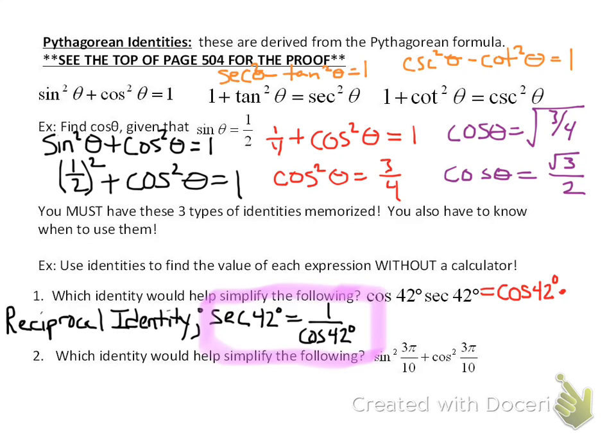And what is the secant equivalent to? 1 over cosine 42. And if I have the cosine of 42 degrees times 1 over the cosine of 42 degrees, what's my answer? My answer is 1.